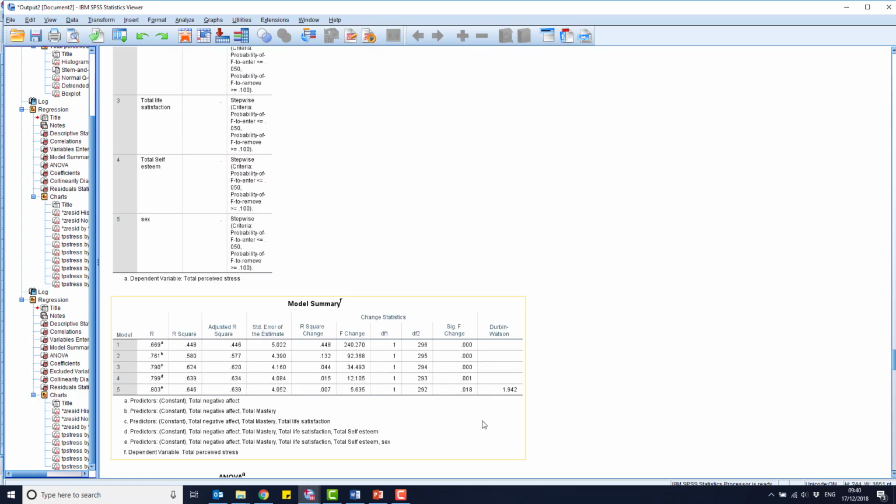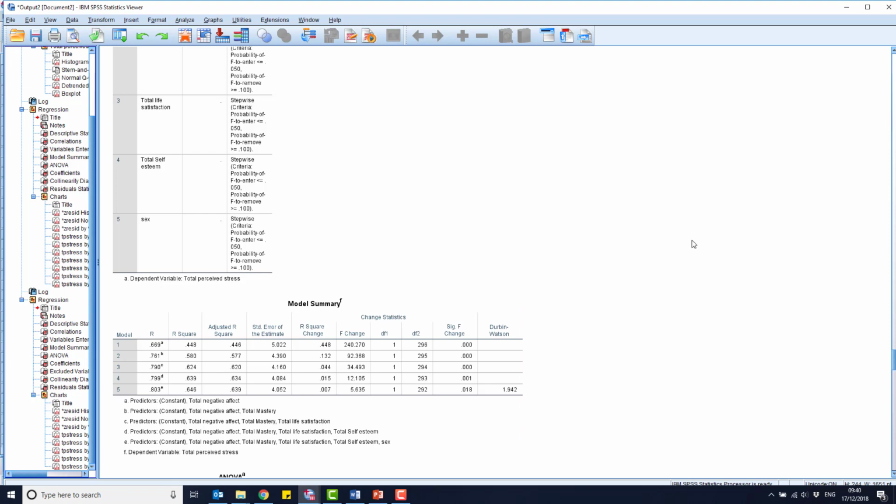We can see that the Durbin-Watson is only produced for the final step in the model. The final step is the one that SPSS, based on the default criteria we've used here, has selected as the ideal model. What is the best combination of predictors in relation to perceived stress?